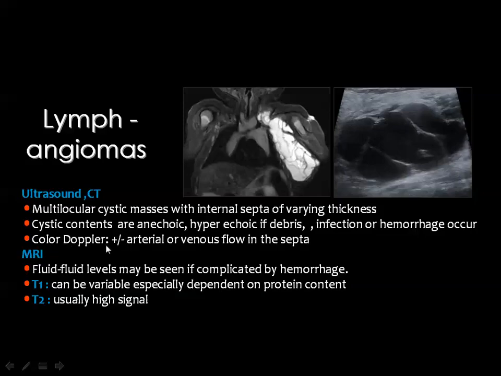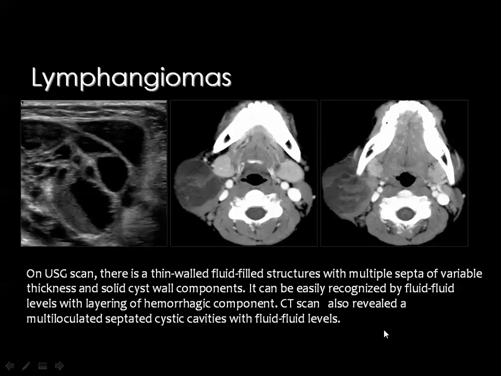And on the Doppler study, you may see some vascularity. MRI will show fluid signal, low signal in the T1 and high signal in the T2. But one of the best diagnostic criteria is the presence of fluid levels on MRI due to sometimes the presence of proteinaceous contents or hemorrhage.